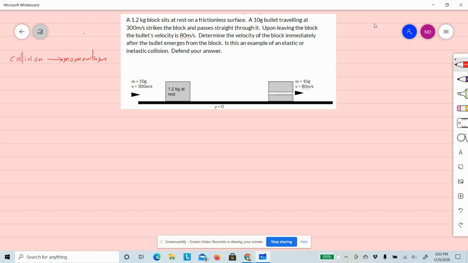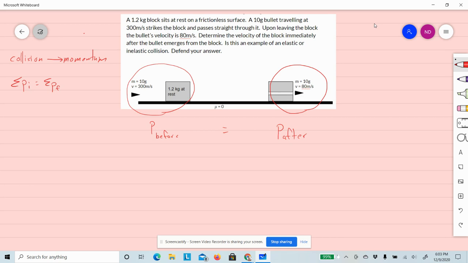And every time we have a situation like this, you have to think the momentum before will be equal to the momentum after. Usually we see it written as the sum of the momenta initially equals the sum of the momenta final.